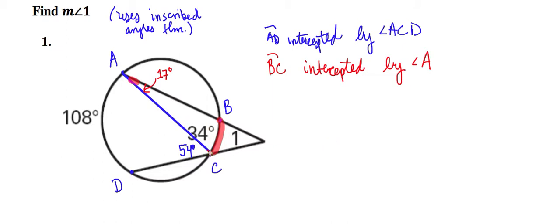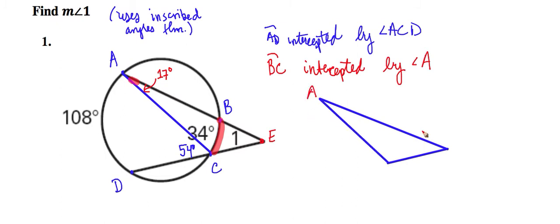The picture can kind of be a little bit messy. So hopefully what you notice here is we have a triangle ACE, and let's call this point here E. Okay, so let me just redraw triangle ACE on the side here so that it's a little bit easier for us to visualize. Okay, so there's my triangle.